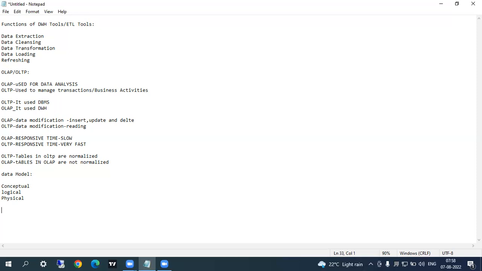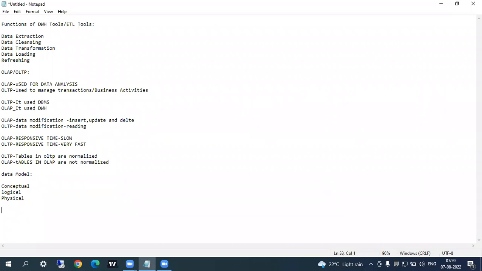So you want some sales data or some employees data and number of stores data and the products data. So whatever you want, you will list out in the conceptual model.